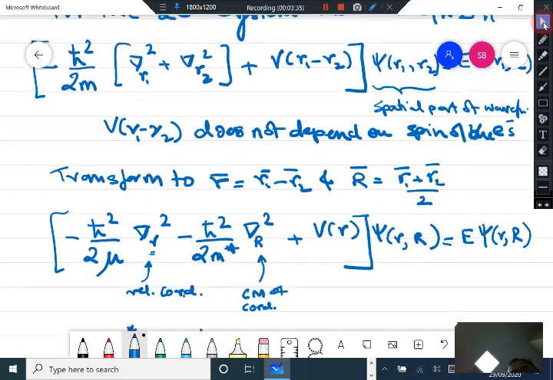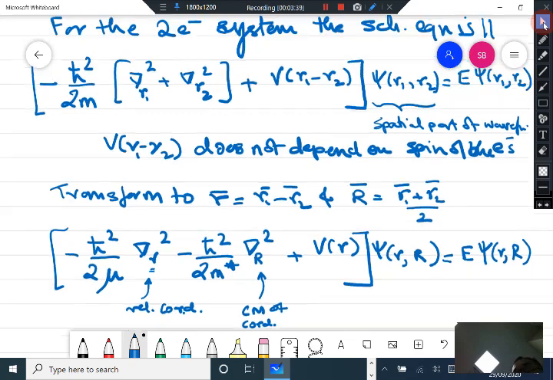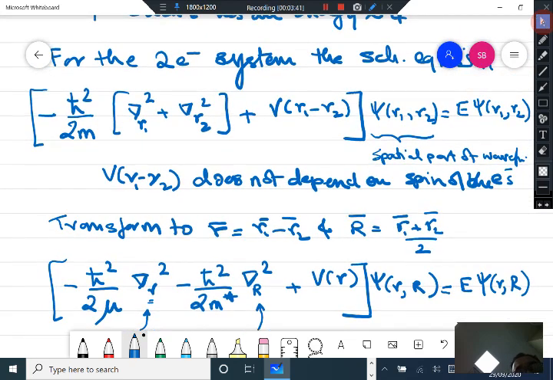Now, this two particle Schrodinger's wave equation can be simplified by transforming to the relative coordinate and the center of mass coordinate.